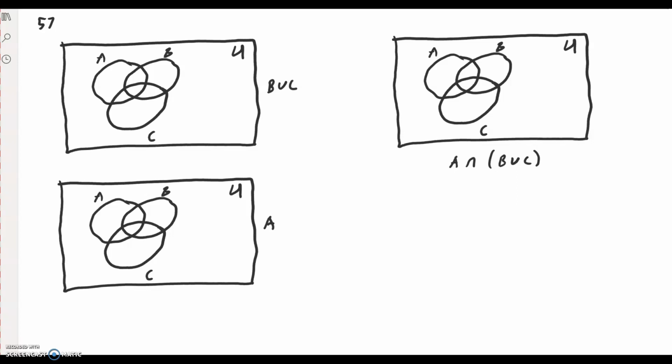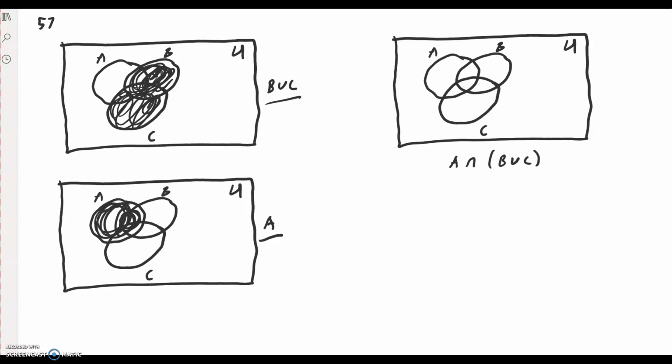In problem 57, we're again trying to figure out if two different sets are equal. In the first set, we'll do B union C. And B union C is everything inside B and C. And then we want A intersect B union C. So we want the intersection of A with B union C. And where do they overlap?